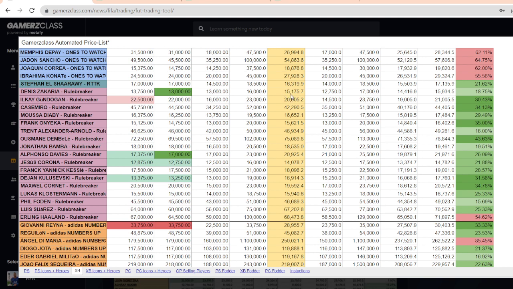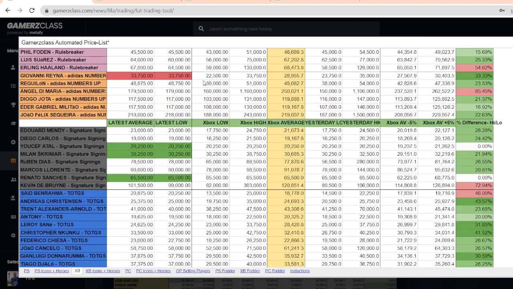The average is 15k, but that is going to take a while to get a sale. I prefer to try and stick to something a little more meta. Alphonso Davies, for example, although again it's a very cheap card, it is usable. He's fast. He's got good links to buy in. So especially if you bought for a shadow, that would be a good one. Try and sell for 22k, potentially something like that.